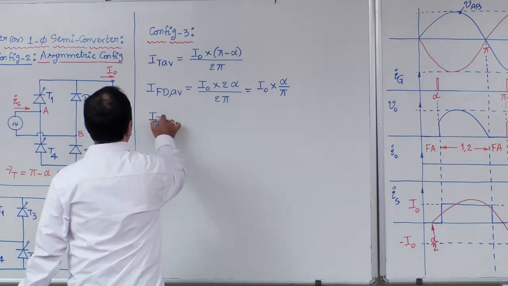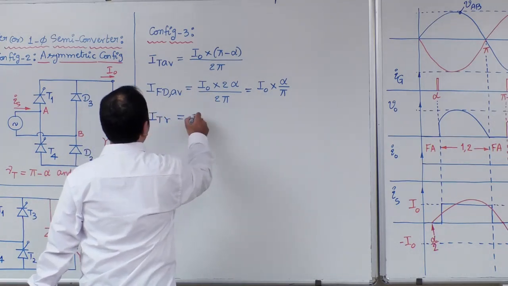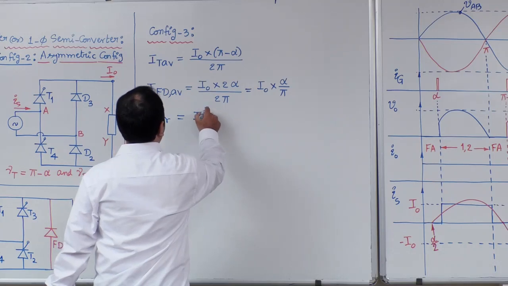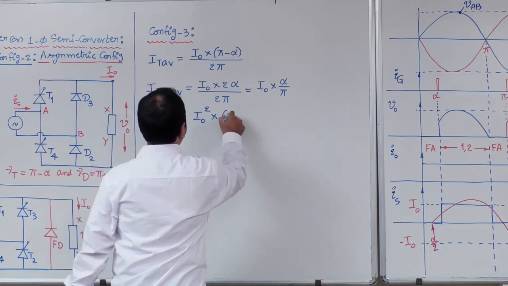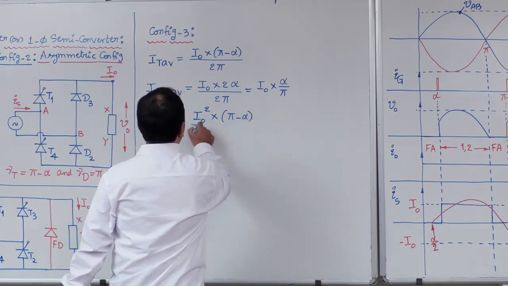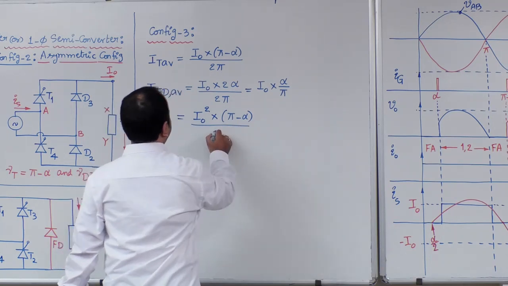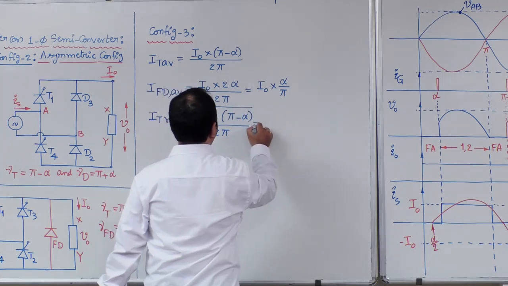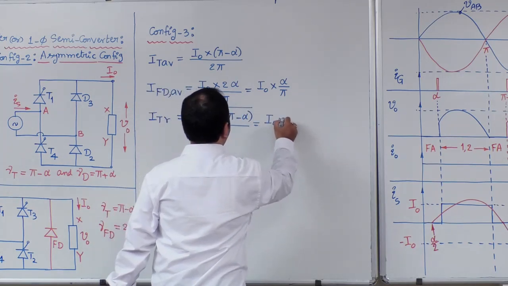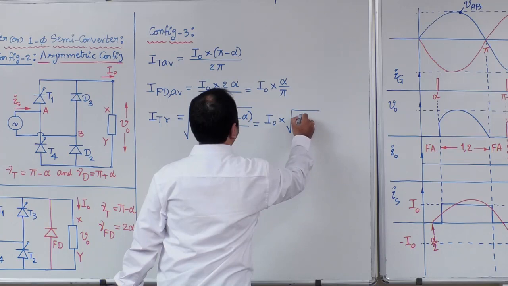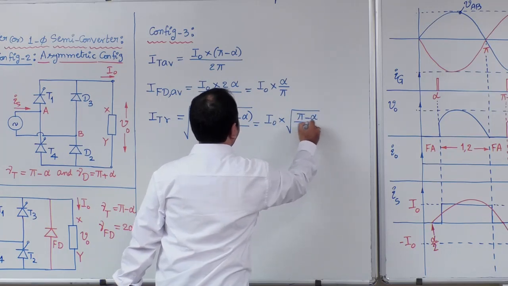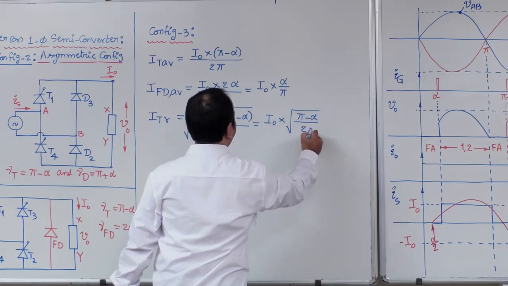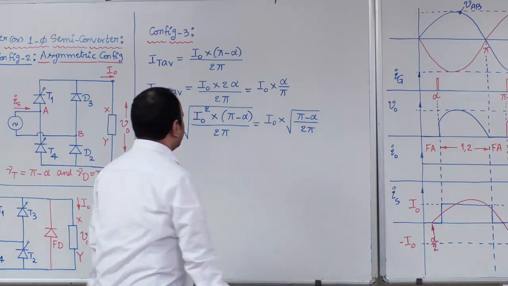Next, RMS value of SCR current, magnitude square multiplied with pi minus alpha divided by 2 pi under root. This is equal to I naught into root of pi minus alpha divided by 2 pi.